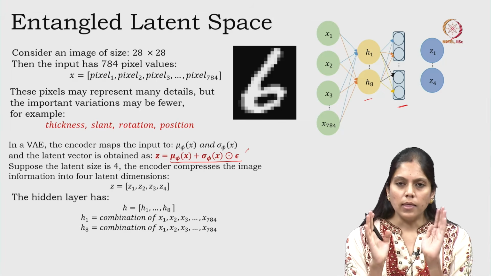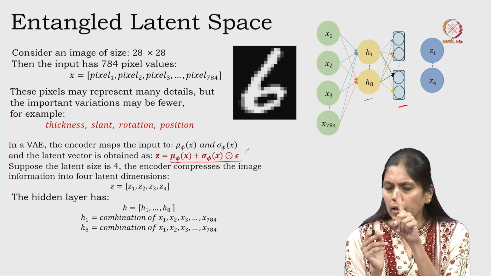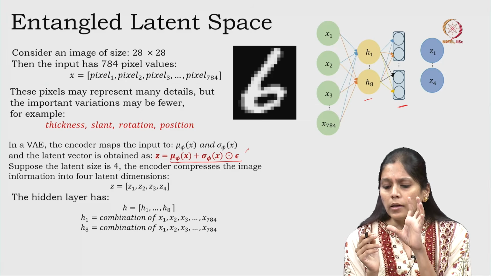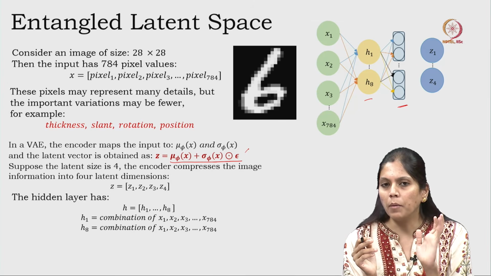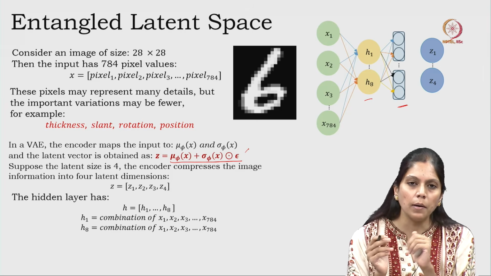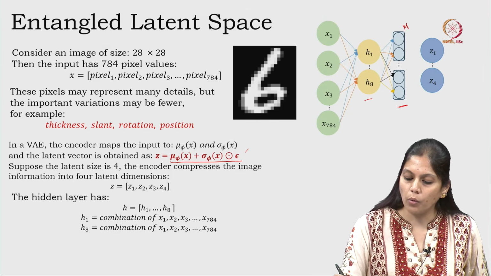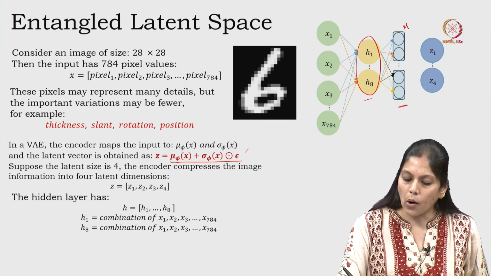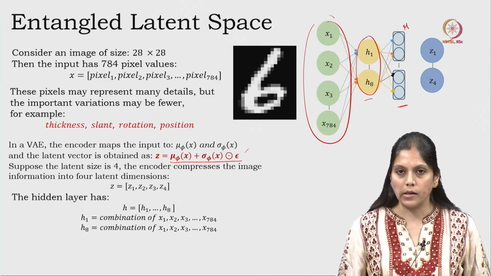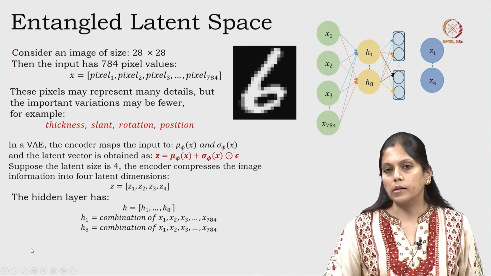Now, what are we understanding? When I get that Z, that Z is the combination of many of these inputs. Because this mean, whatever we have obtained, has the combination of all of these, and all of this is the combination of the entire input. So can we call Z the latent space?